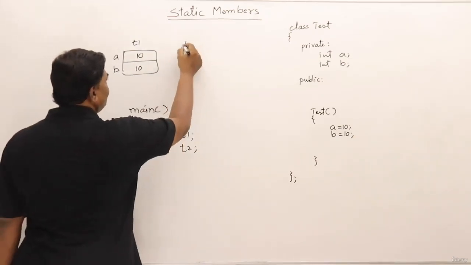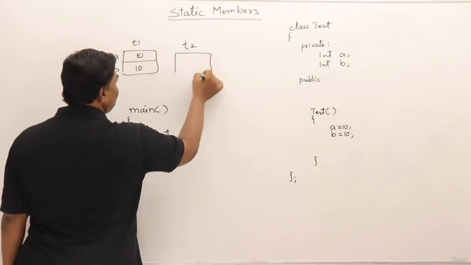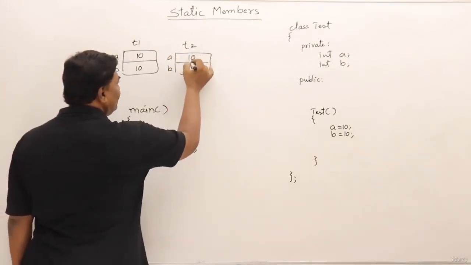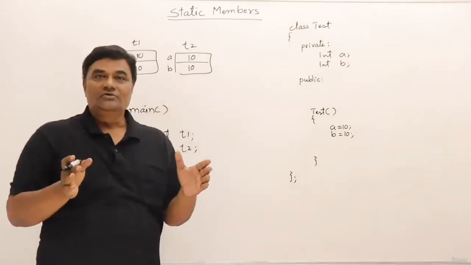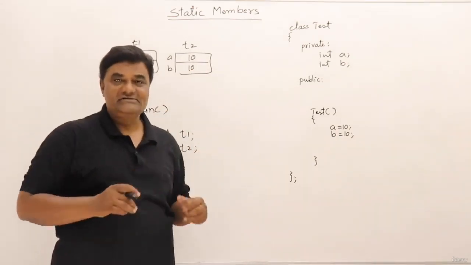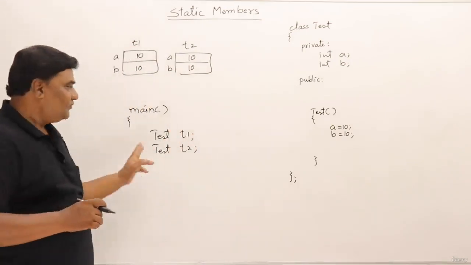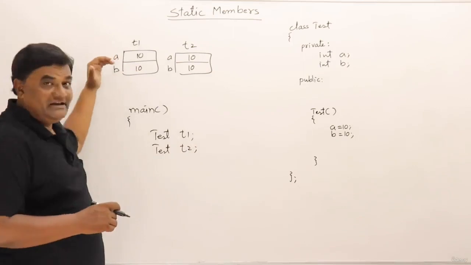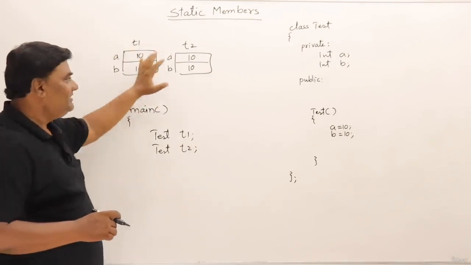Then T2 is also created and it will also have A and B, with values 10 and 10. To understand static, let us follow this. I have created two objects of the same class, so every object will have its own A member and B member. So AB, AB.